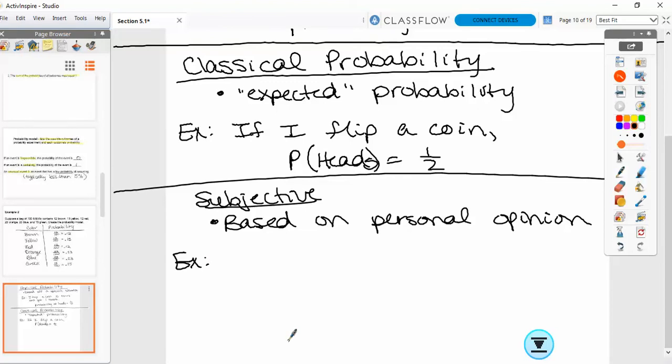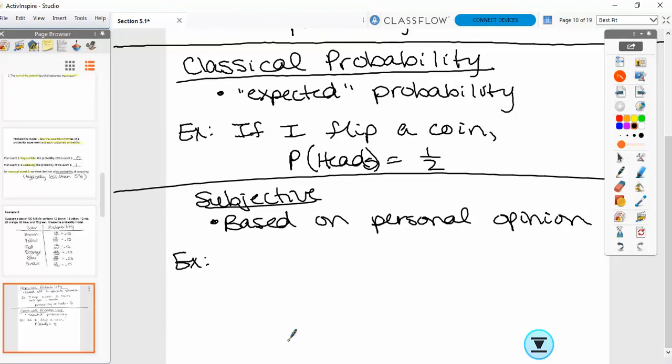It is not on your formula sheet. So subjective would be like the weather. Does every single forecaster predict the same chance of rain today? No. Why? Because it's not that concrete. They have to take into account all these variables and try to guess, based on their personal opinion, what the probability of rain is.